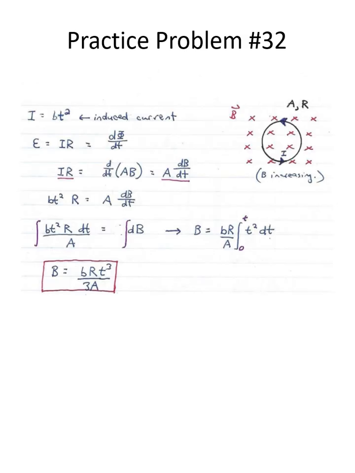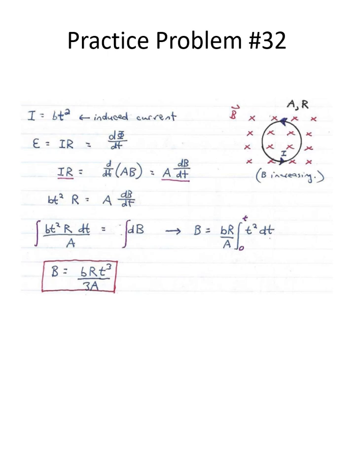Let's now look at some practice problems. Let's start with number 32. It says a conducting loop of area A and resistance R lies at right angles to a spatially uniform magnetic field. Now, spatially uniform means that at a given snapshot in time, it's all going to be the same, but it's going to be changing in time.